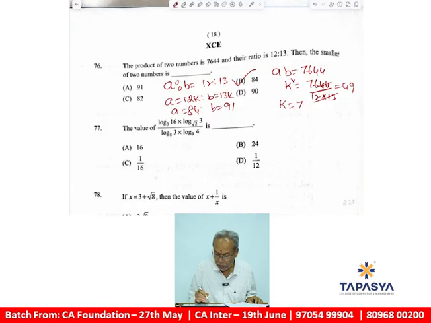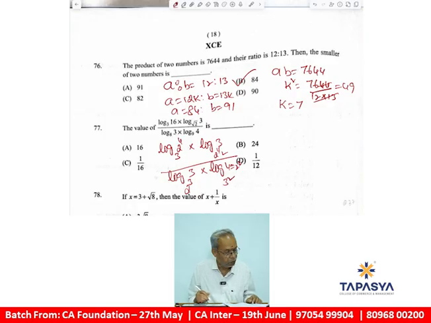Next, the value of log 16. Log 16 can be written as 2 to the power of 4, into... this is 2 to the power of 1 by 2, log 3 to the base 2, whole to the power of 1 by 2, and this is log 3 to the base 2 cube, into log 4 can be written as 2 square, 9 can be written as 3 square.